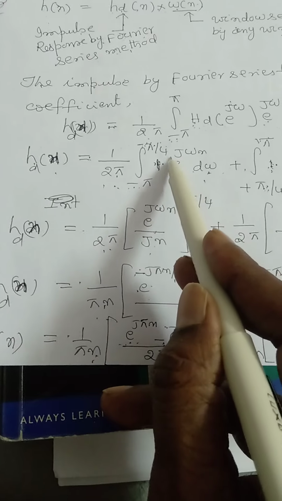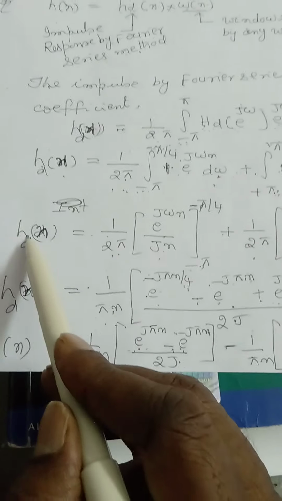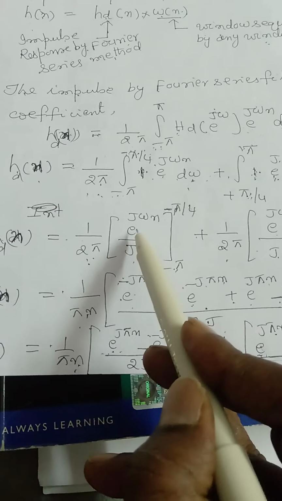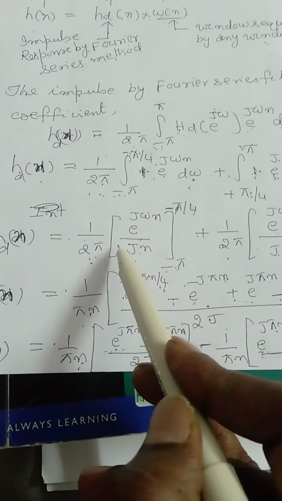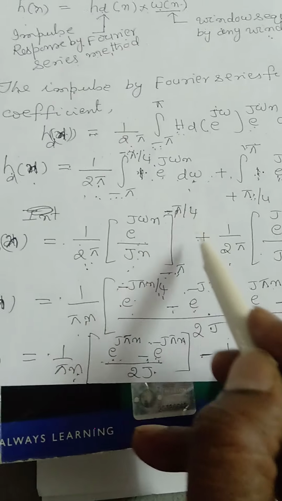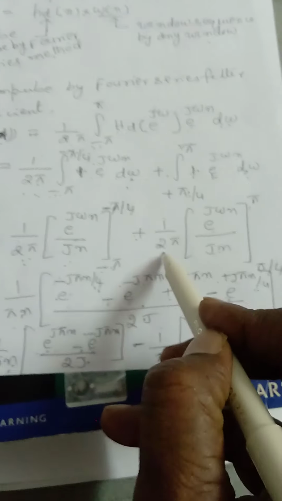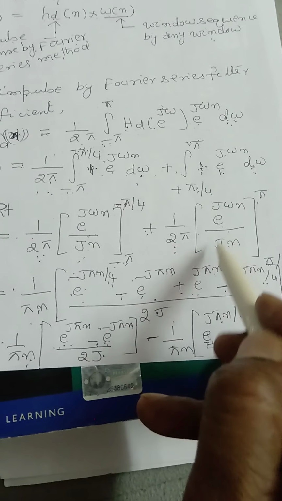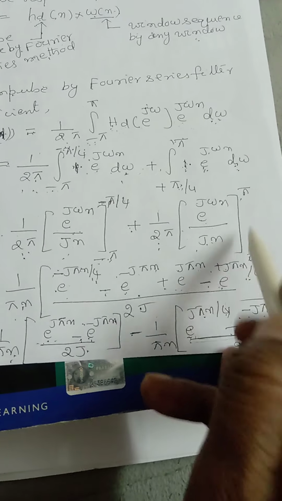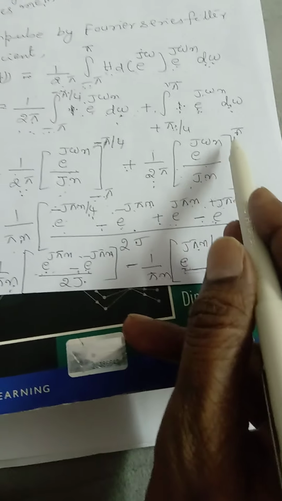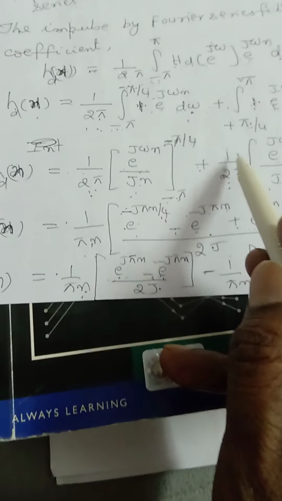After integration, hd of n is equal to 1 by 2 pi into e to the power of j omega n divided by jn from minus pi to minus pi by 4, plus 1 by 2 pi into e to the power of j omega n by jn from pi by 4 to pi. Then we substitute the limits minus pi, minus pi by 4, pi by 4, pi, as you know the procedure.